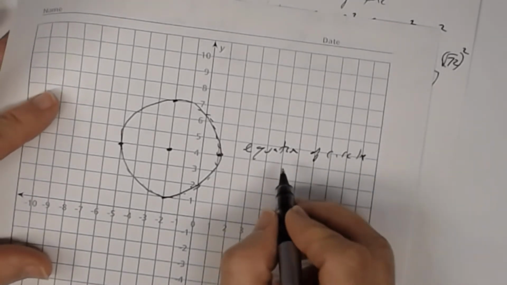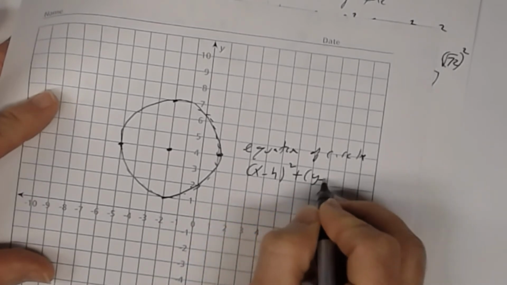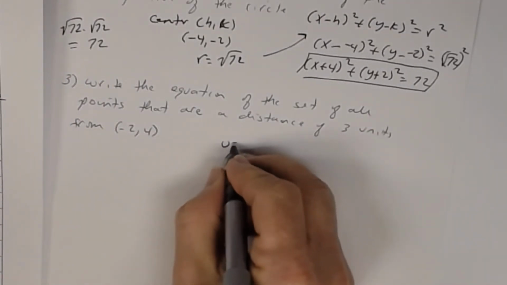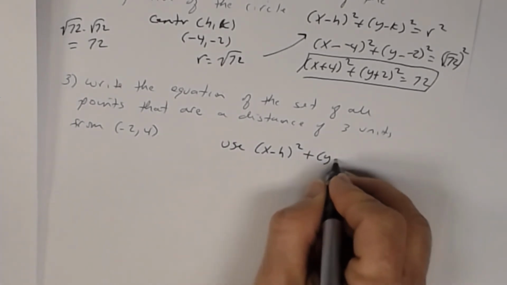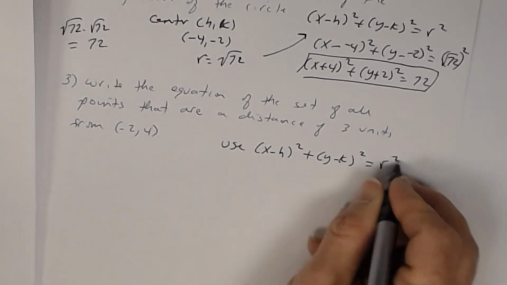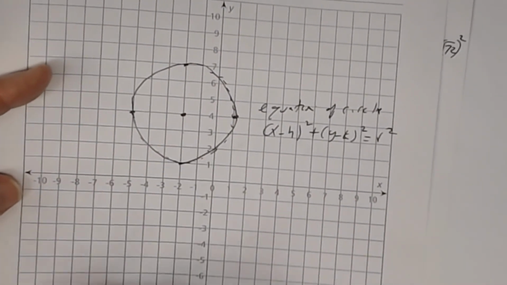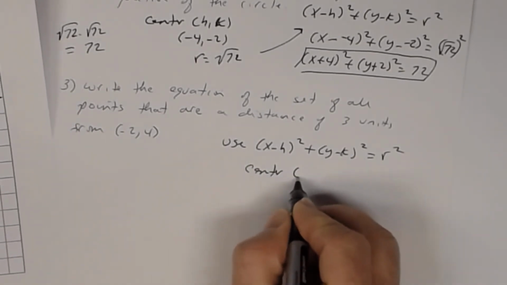Well, the equation of a circle, remember, in standard form is x minus h squared plus y minus k squared equals r squared. So I'm going to go ahead and write that here. Based on what I just drew for you, you know the center, right? The center's hk.